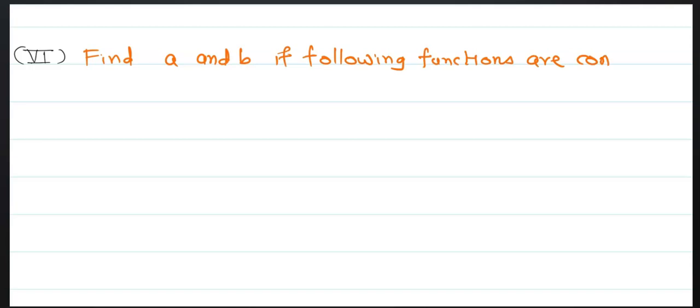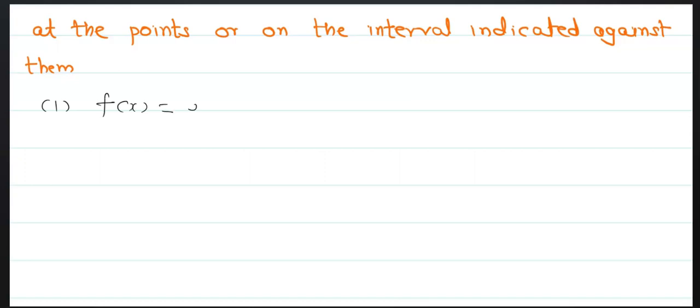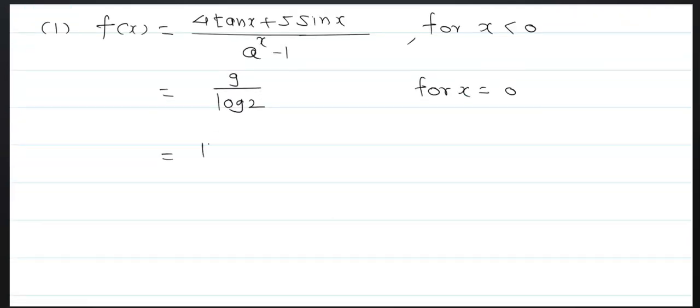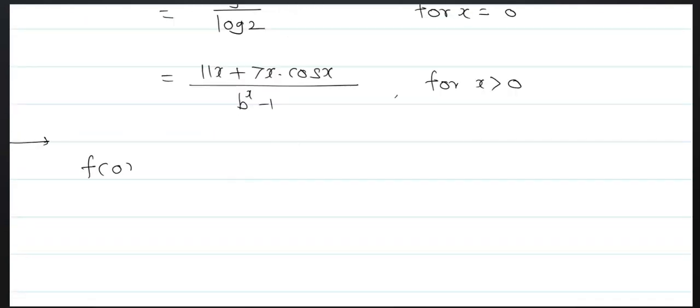Now the next is: find a and b if the following functions are continuous in the indicated interval. f of x is equal to 4 tan x plus 5 sin x upon a raised to x minus 1 for x less than 0, is equal to 9 upon log of 2 for x equal to 0, is equal to 11x plus 7x cos x upon b raised to x minus 1 for x greater than 0.